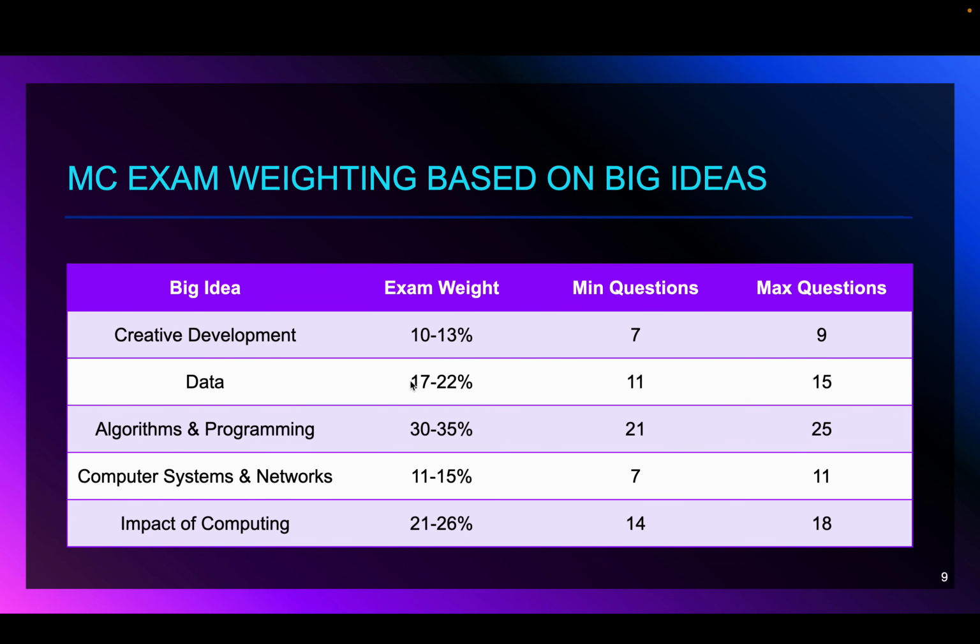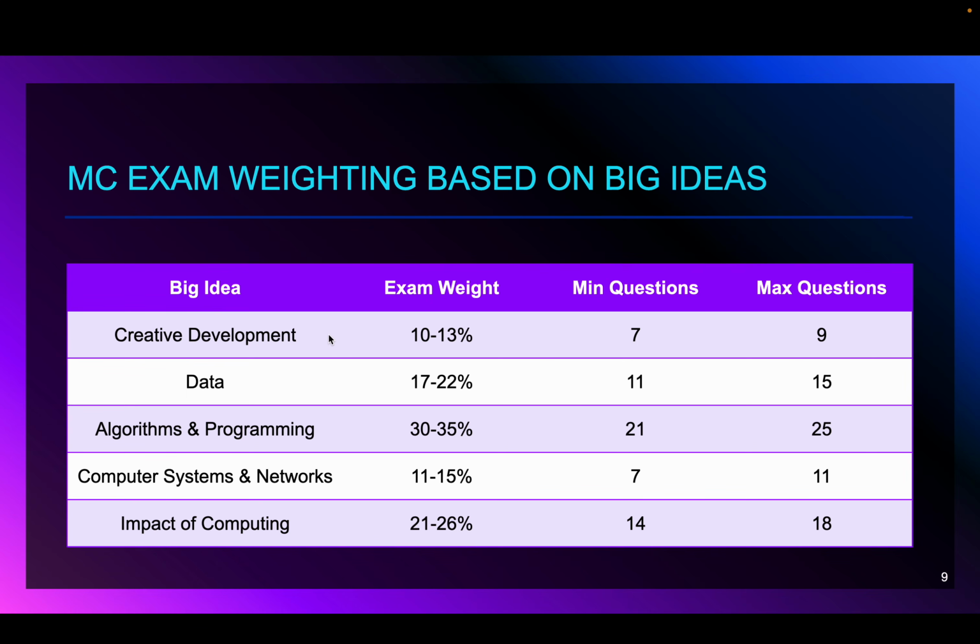Data, a little bit more, 17 to 22%, 11 to 15 questions. Here is the big chunk, algorithms and programming. That is 30 to 35% of the exam, and that will be 21 to 25 questions. Computer systems and networks is 11 to 15%, 7 to 11 questions. And the impact of computing, another larger section, 21 to 26%, 14 to 18 questions.